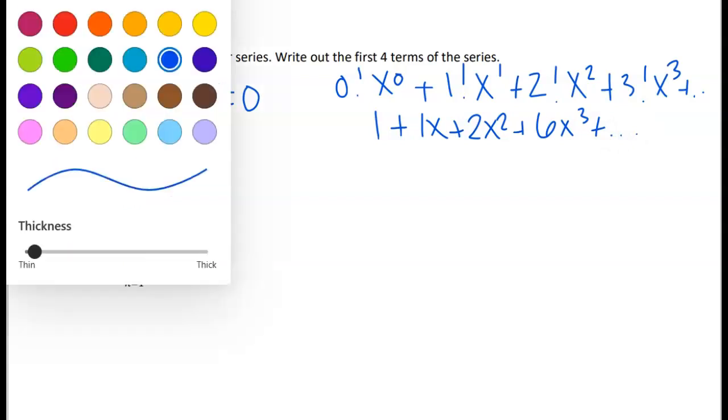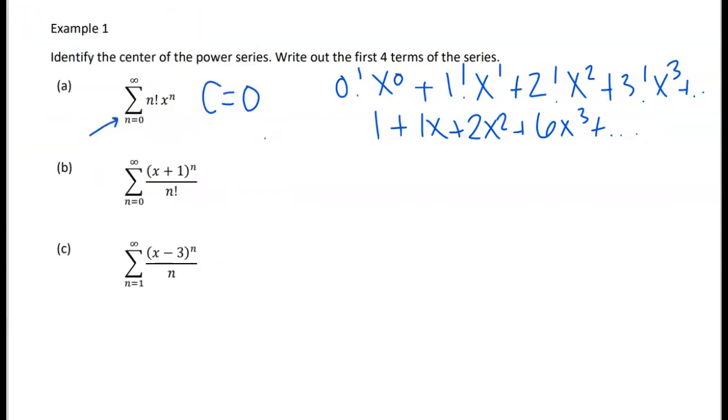All right, let's look at another one. So in this case, I have x plus 1. Now remember, our series is centered at a when we have x minus a. So this must be centered at -1. If I have a positive on the inside, remember that means move everything to the left. So my center must now be at -1. So let's go ahead again. We're starting at 0.